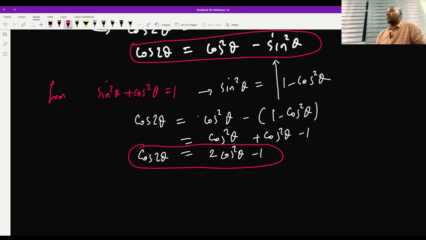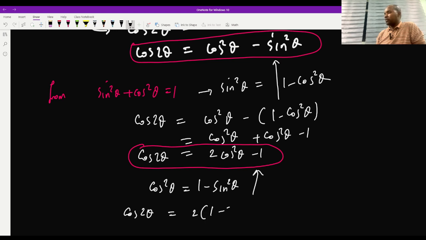Now what happens when I substitute cos squared theta with sine squared theta? Remember, cos squared theta is 1 minus sine squared theta. And so when I go back to this expression, cosine 2 theta will be 2 in the bracket, 1 minus sine squared theta, minus 1.